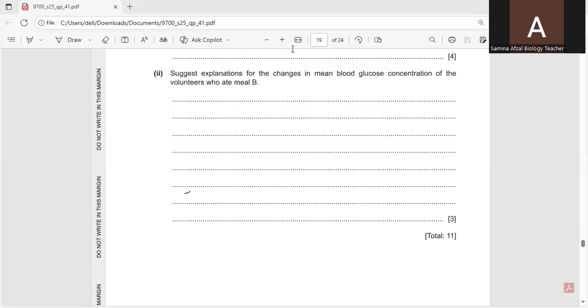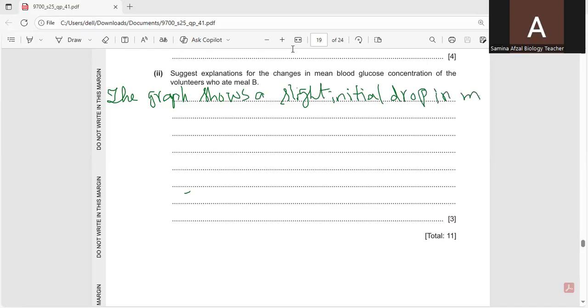Here, first of all, the graph shows a slight initial drop in mean blood glucose from 88 to 80 milligram per 100.